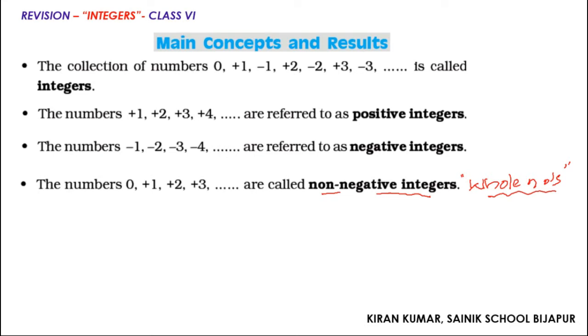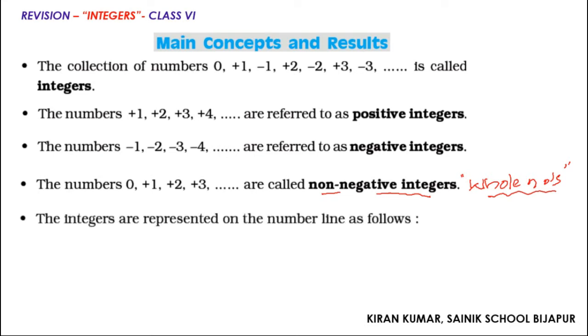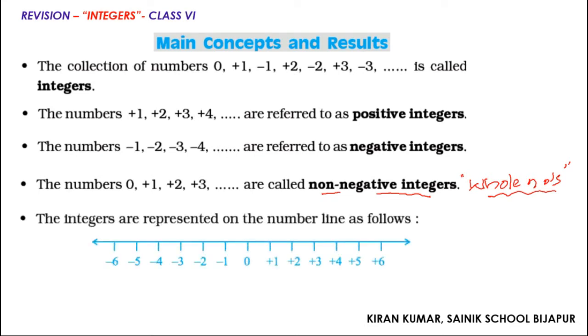The integers are represented on a number line as given here. 0 at the center. Towards the right side we have got all the positive numbers and towards the left side we have got all the negative numbers.